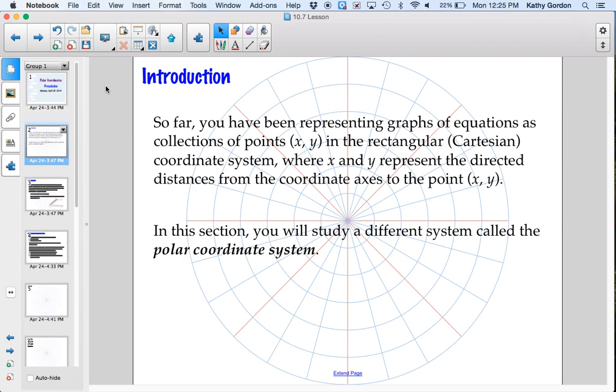So when you say that I want to graph 2, 3, that 2 tells you 2 things. It first tells you the distance that you're going to go away from the y-axis. And then because it's positive, it tells you the direction that you have to go.